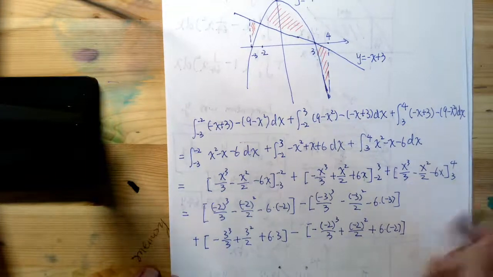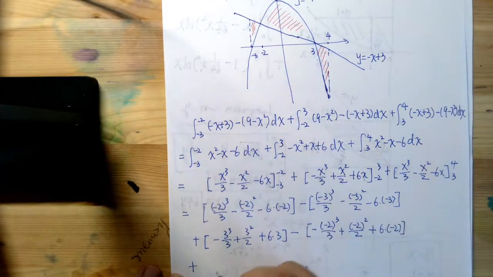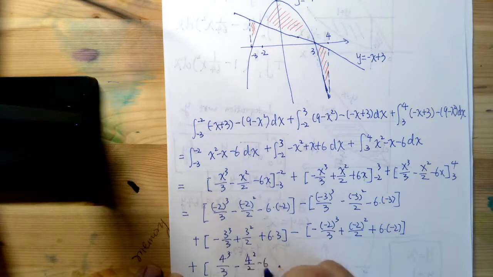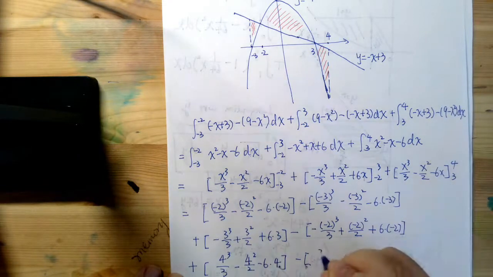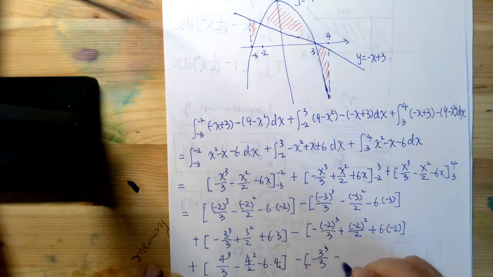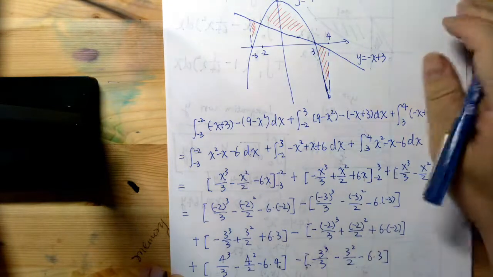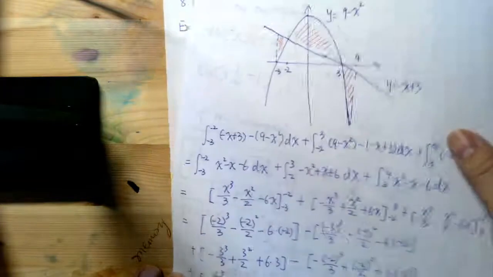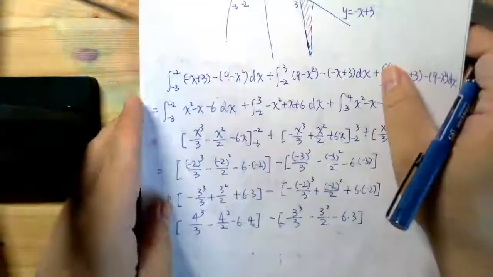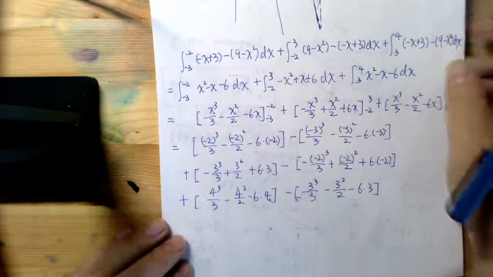Then plus the third one, which is 4 cubed over 3 minus 4 squared over 2 minus 6 times 4, minus put a 3 in, which is 3 cubed over 3 minus 3 squared over 2 minus 6 times 3. There's nothing fancy, it's just very simple calculus here.